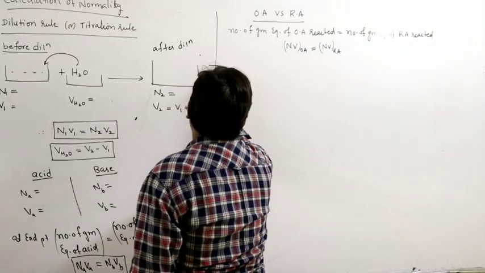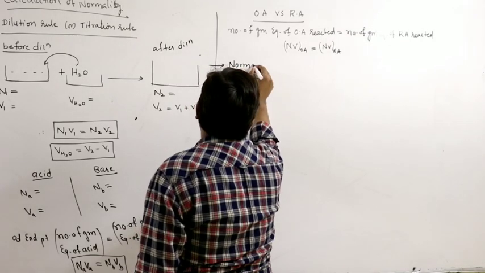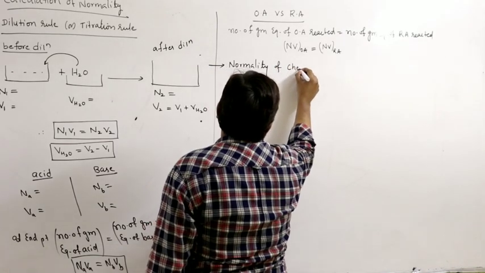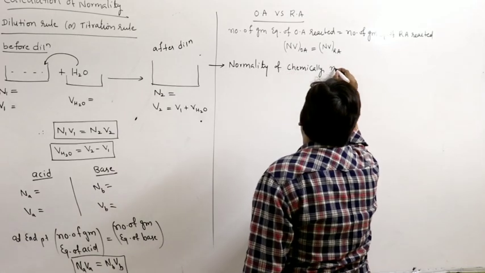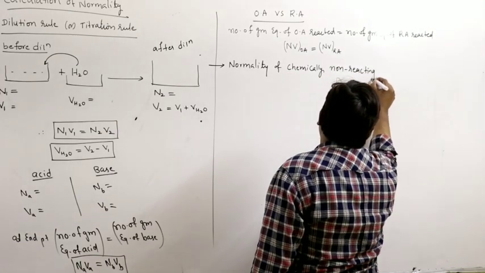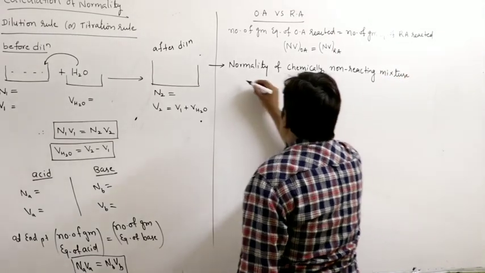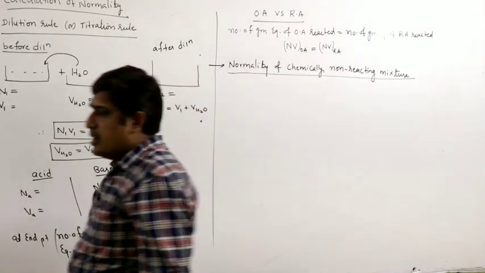So coming to the next one, normality of chemically non-reacting mixture. So let us see how to find normality of chemically non-reacting mixture.